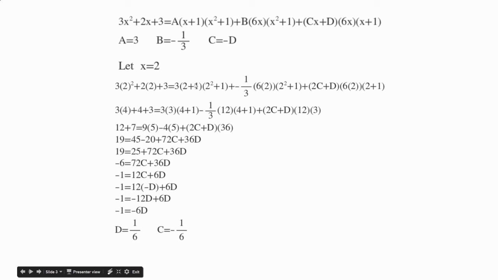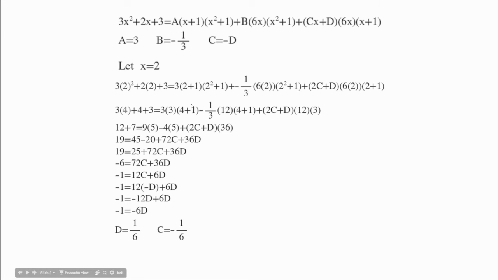And then we also replaced our a's with 3's right here, and then our b with the negative 1/3 right here. So we're going to continue to simplify that, and you're going to get 12 plus 7 equals 9 times 5 minus 4 times 5 plus 2c plus d times 36. 12 times 3 here is 36, and I multiplied out these two factors.